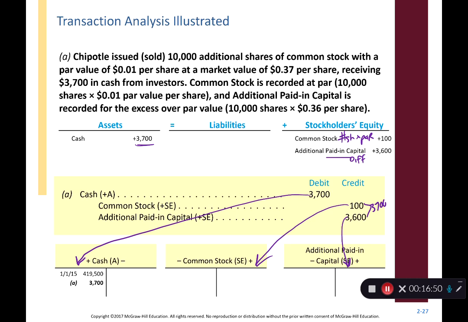So we're going to post the cash to the debit side, the common stock and additional paid-in capital to the credit side. Notice the 1/1 balances. Those are balances that are from the beginning of the period. And then we're adding various transactions to that throughout the month or throughout the year.